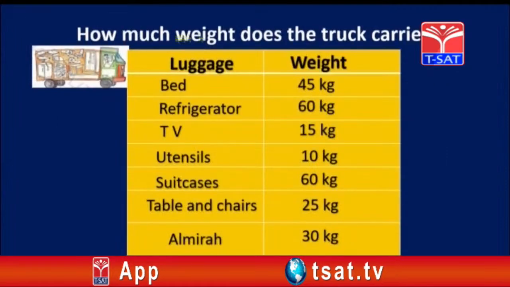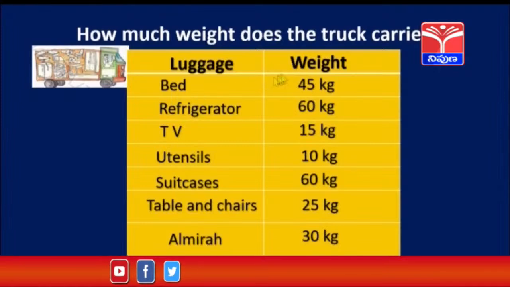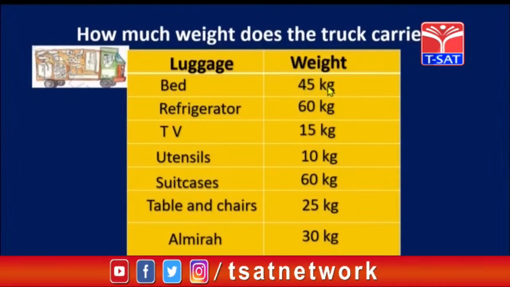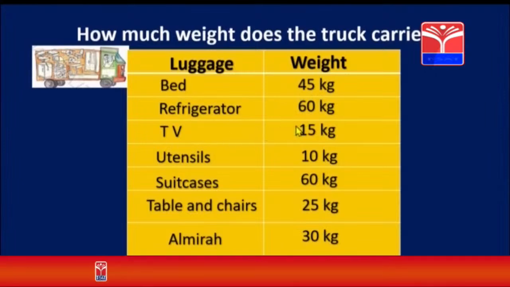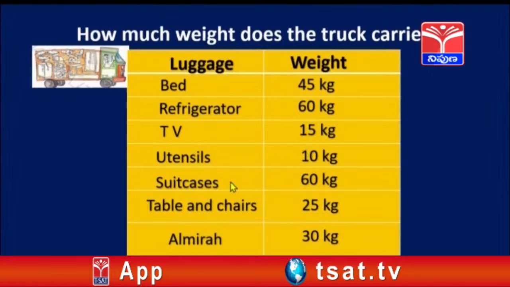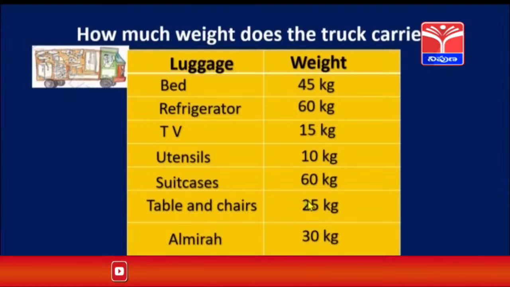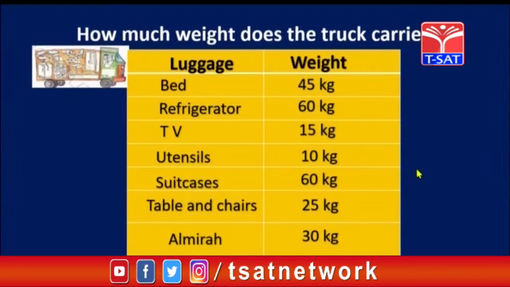Children, how much does the truck carry? The luggage is bed and its weight is 45 kilograms. Refrigerator 60 kilograms, TV 15 kilograms, utensils 10 kilograms, suitcases 60 kilograms. Table and chairs are 25 kilograms, almirah is 30 kilograms.